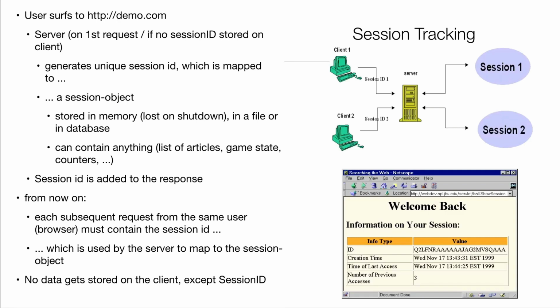A lot of it is built around the idea of session ID, which is somehow managed in collaboration between the browser and the application. And that ID is exchanged between the browser and the app on all requests from perhaps a given user.